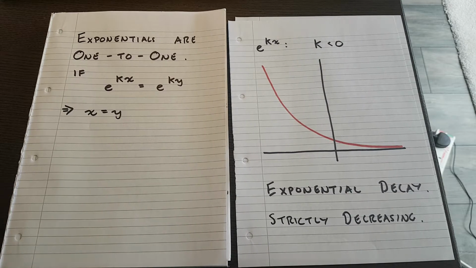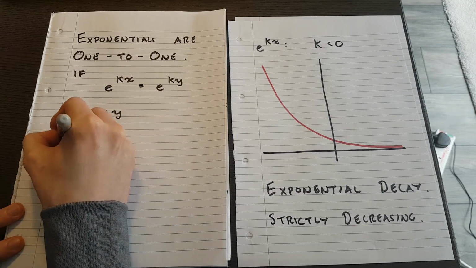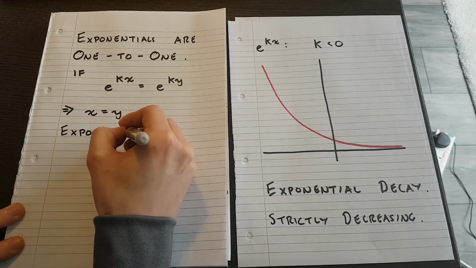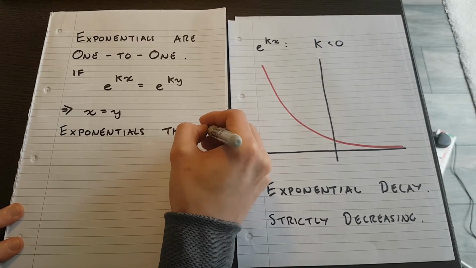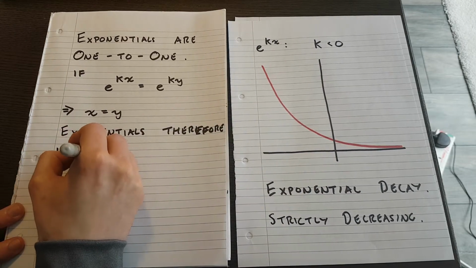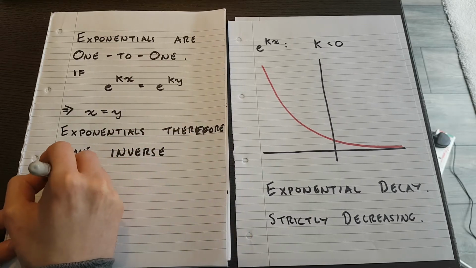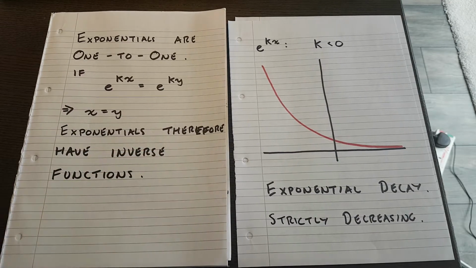Okay, and we said that one-to-one functions have an inverse, and such is the case here. Exponential functions therefore have inverse functions. And the inverse function that we have is very special.